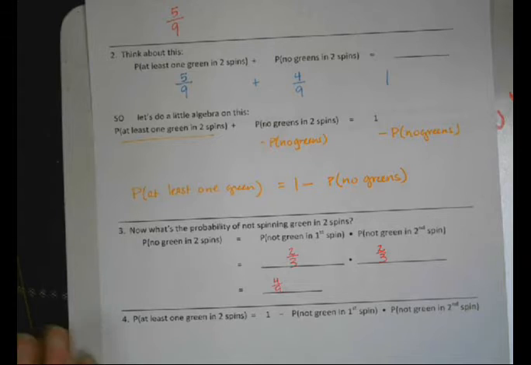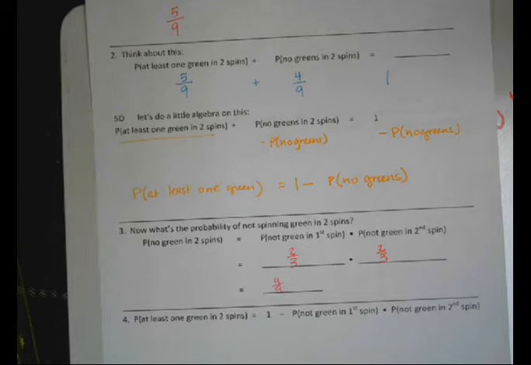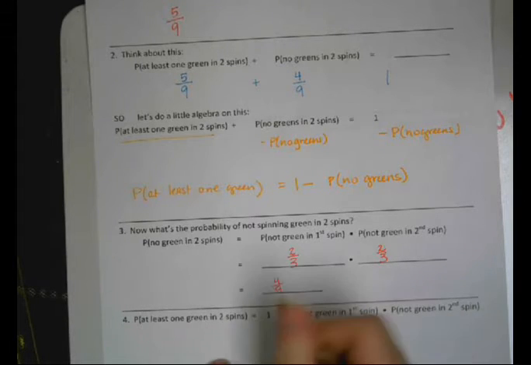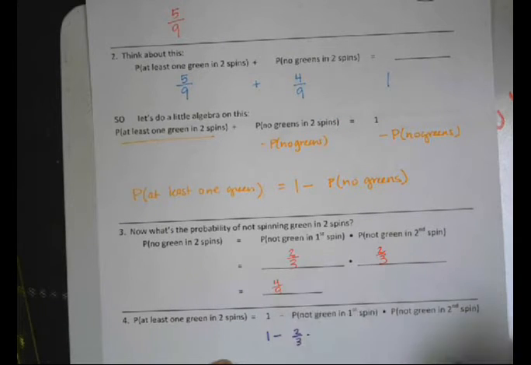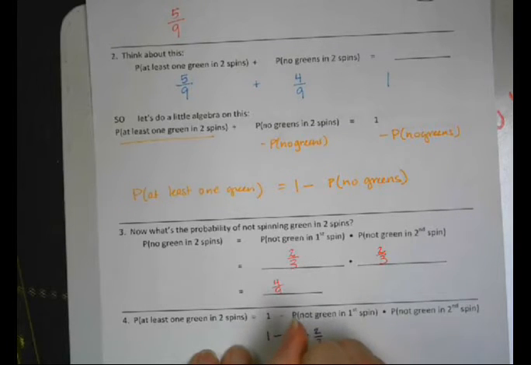So the probability of at least one green in 2 spins is going to be 1 minus 2/3 times 2/3. Or 1 minus 4/9, which equals 5/9.